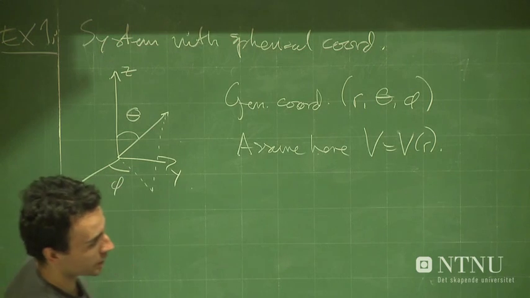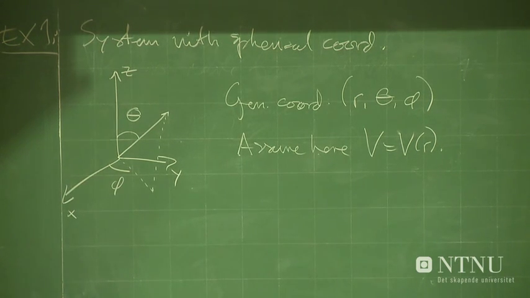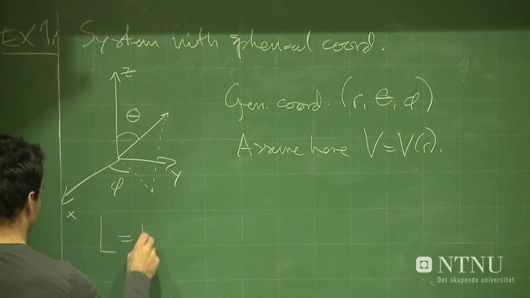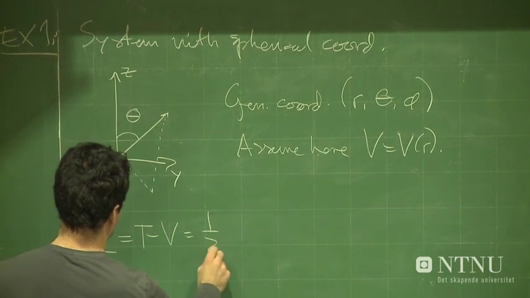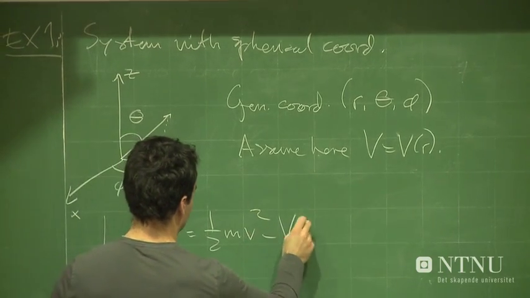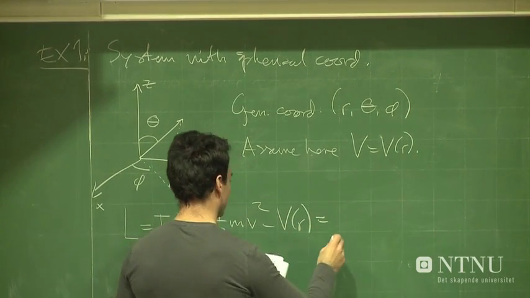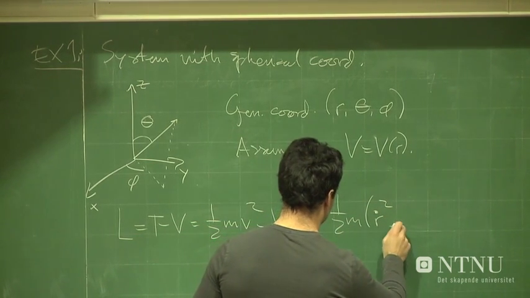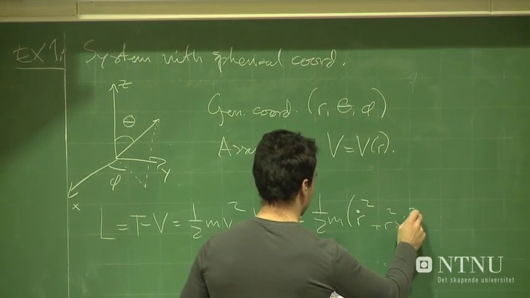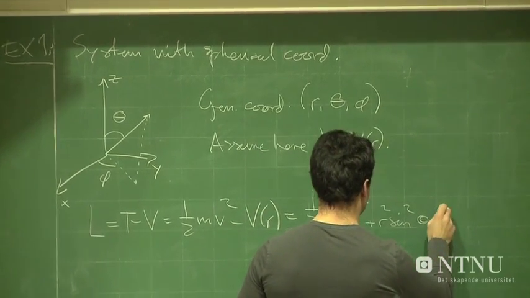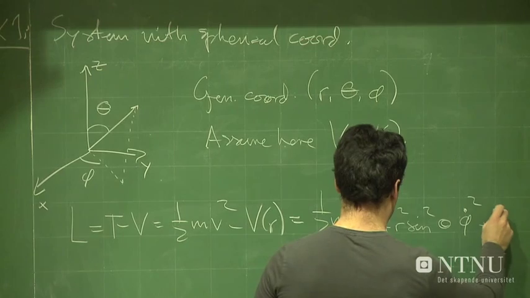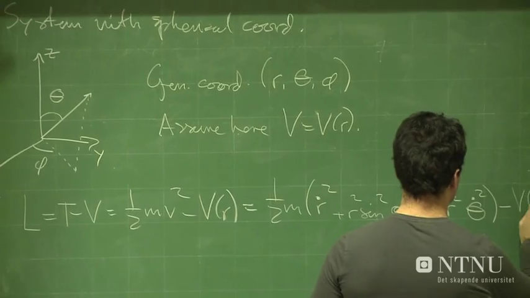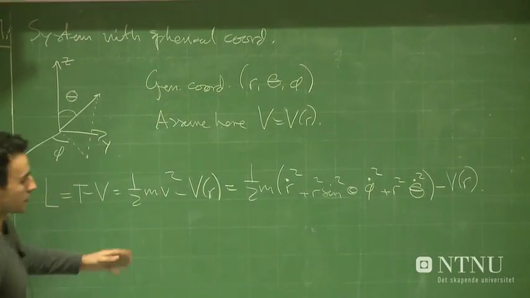All right, so we'll get cracking. We'll just write down the Lagrangian of the system to begin with, which will look like this.